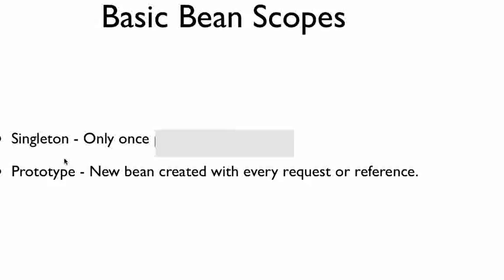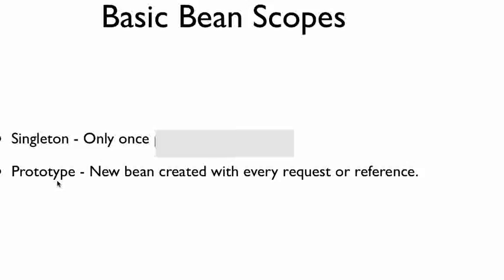However, if a bean is defined as a prototype, then Spring waits for the get bean to happen and only then it initializes a prototype. Which makes sense because for every get bean it has to do the initialization anyway. So instead of doing a default initialization while the context is being created, it waits for the get bean. So every get bean creates a new instance, or every reference creates a new instance.